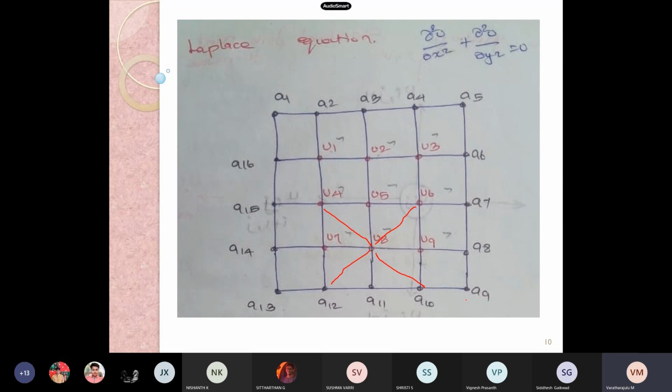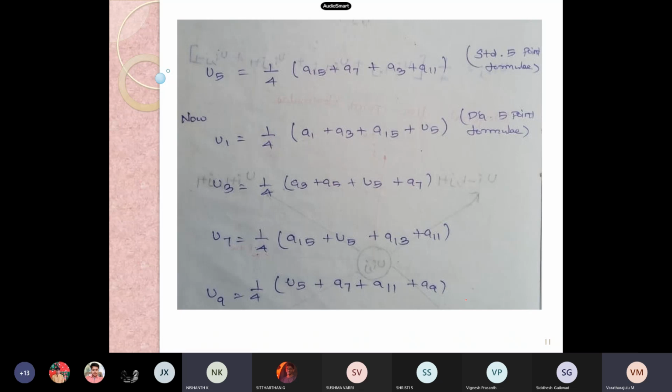Similarly, we need to find the values with the standard 5-point formula, but for the initial iteration we depend on the diagonal 5-point formula. Once it is known, then we can switch over from the diagonal 5-point formula to the standard 5-point formula. But the values have to be calculated with the standard 5-point formula alone.